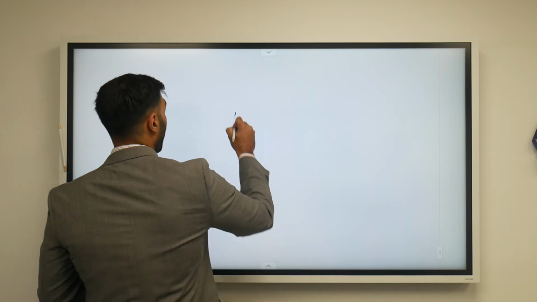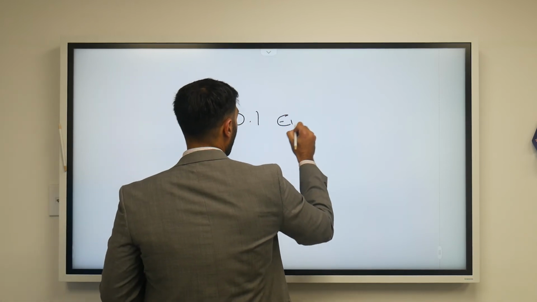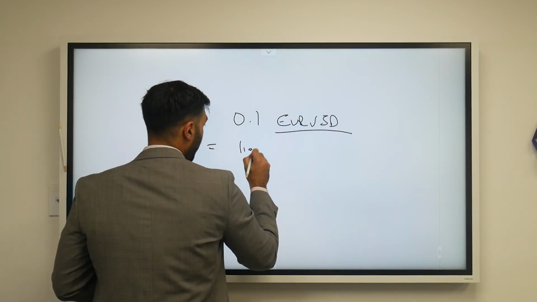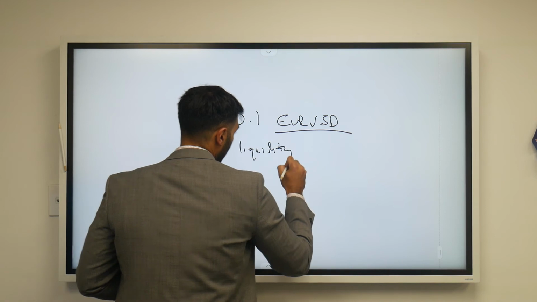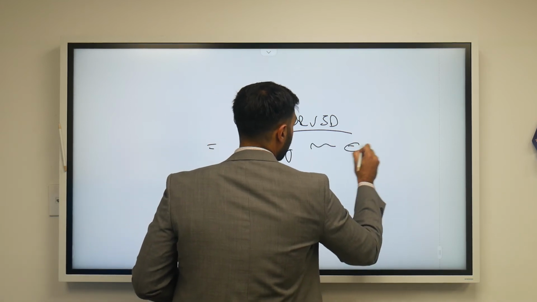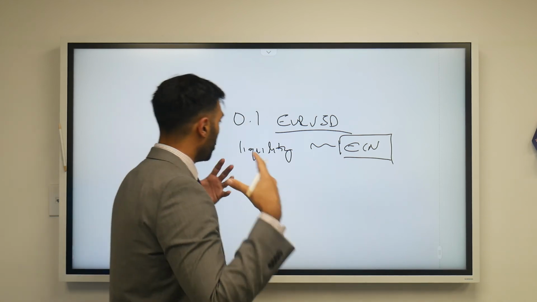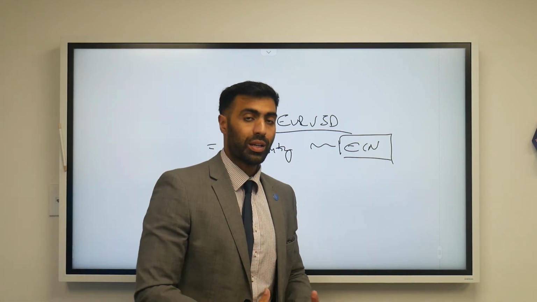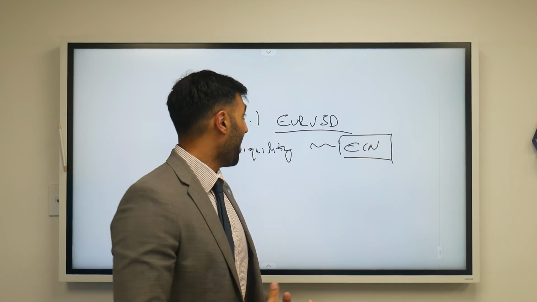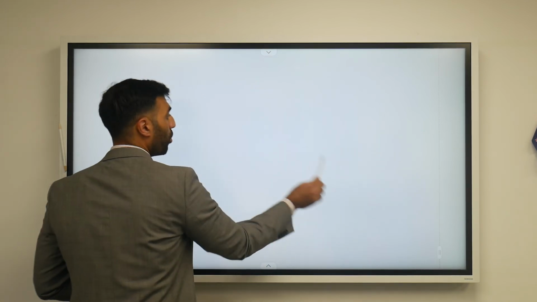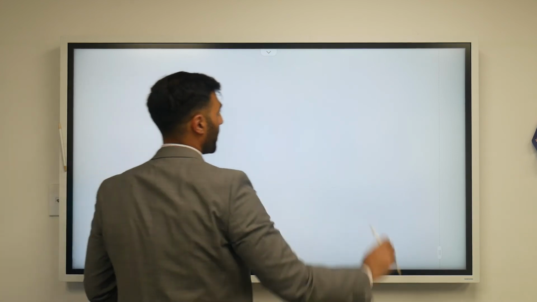So in the era of 0.1 euro-dollar spreads, this is essentially equal to liquidity being apparent in the ECN network. So there are many bidders buying and selling the euro-dollar, creating a lot of liquidity for this particular FX pair, creating you with a favorable trading condition. So that is essentially what an ECN means.